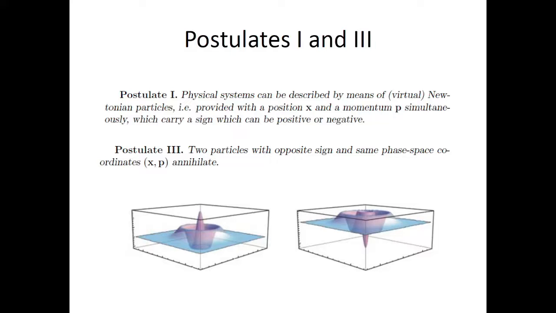Postulate 3 instead tells us something different, and it tells us that if you have two particles with opposite sign and the same phase space coordinates, then they annihilate. So if you have, let's say, 2 particles, one with a positive sign and one with a negative sign, and they happen to occupy the same place in the phase space, or in other words, they have the same position and same momentum, then in that case they do not contribute to the description of the problem, or they do not contribute to the prediction of the behavior of the system.